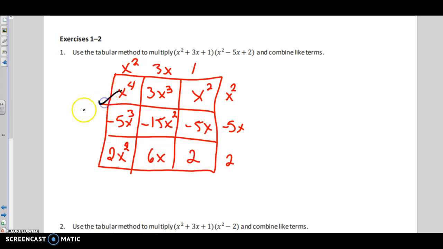I only have 1 x to the 4th term. My like terms for cubes, 3 minus 5 is negative 2. My like terms for squared, 1 minus 15 is negative 14, plus 2 is negative 12.